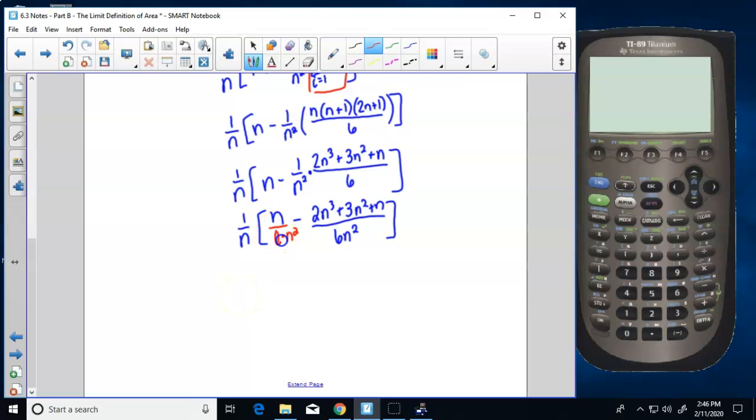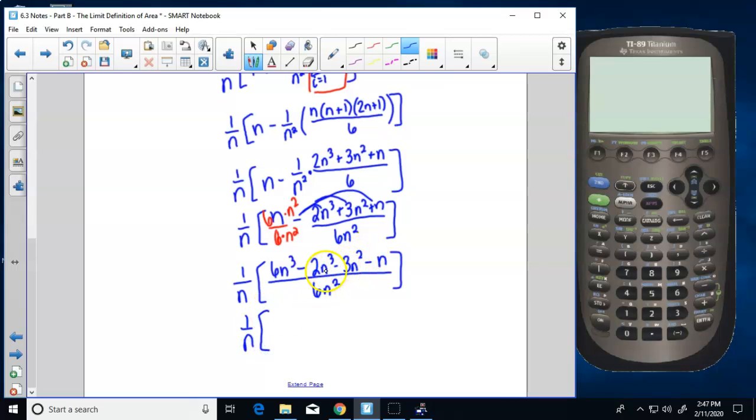Yeah, 6n squared, so that'd have to multiply by 6 and n squared. So 1 over n times 6n cubed, and that negative has to be distributed to everything, so minus 2n cubed minus 3n squared minus n, all over 6n squared.